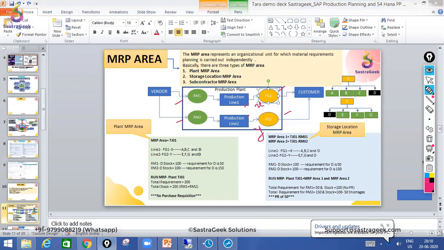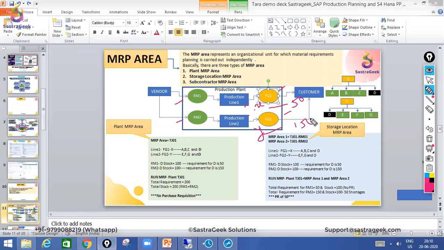Now let's say there is a requirement from a customer. The customer is asking, on this and this date, I need 50 pieces of X material and 150 pieces of Y material. If I'm running MRP at a plant level, MRP will check whether there is already produced material available in the FG1 or FG2 storage location. If yes, it will try to fulfill the requirement from there.